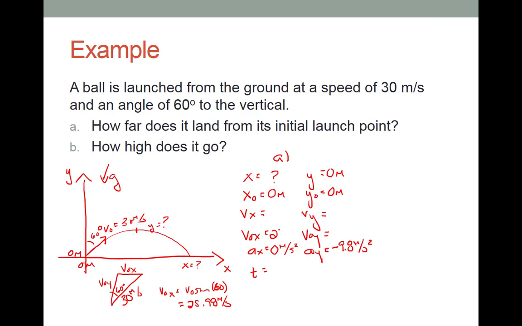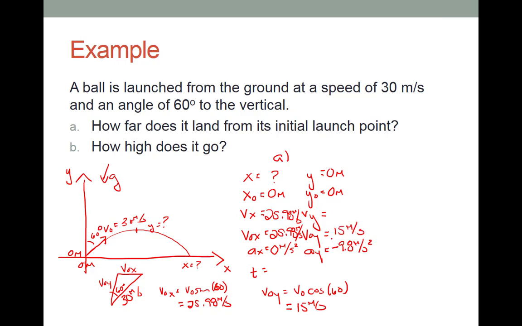So I can fill that in up here, and because the horizontal acceleration is 0, I can put that in for Vx as well. V naught y is on the side adjacent, so V naught y will equal V naught cosine of 60, which is 15 meters per second. So I can fill that in as well.